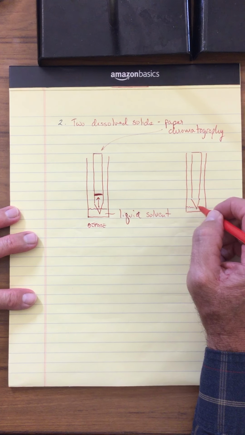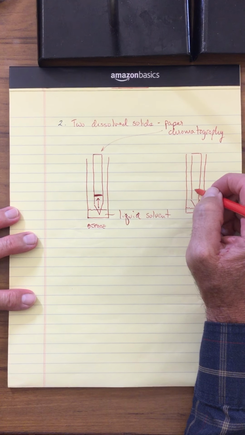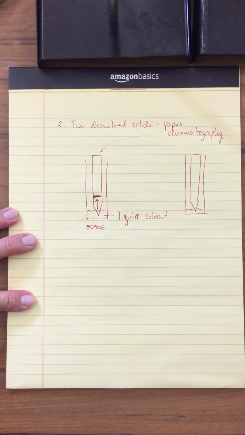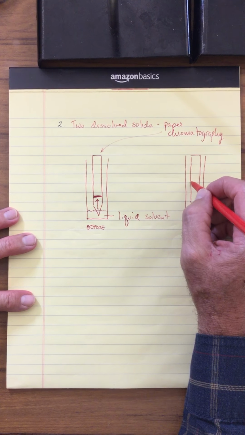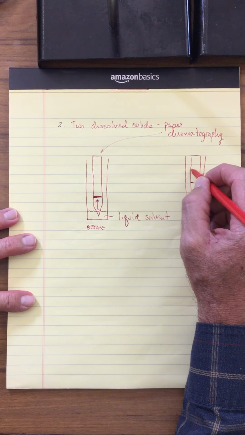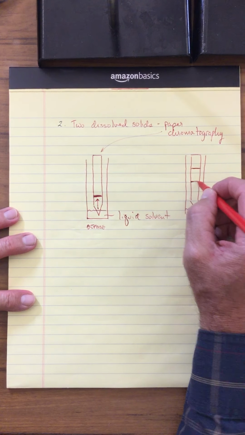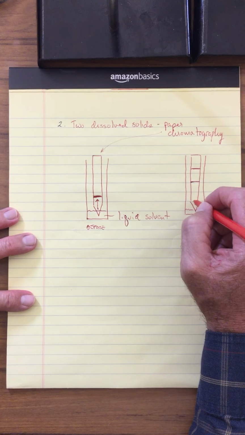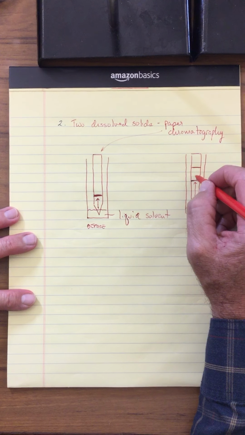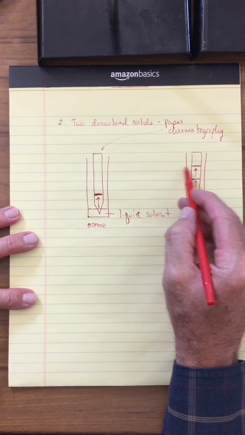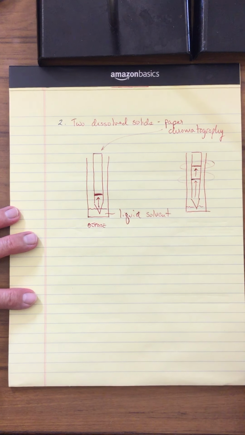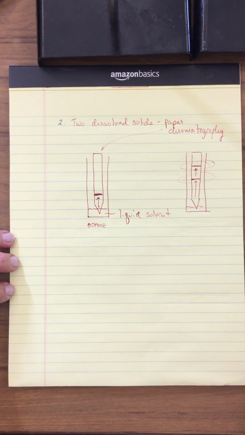And the liquid's going to be a little bit lower because a lot has run through the paper chromatography, and it's pushed those solids up, maybe to here and here. So it's pushed this solid to here, and it's pushed this solid up to here. And then you have successfully separated those two materials.